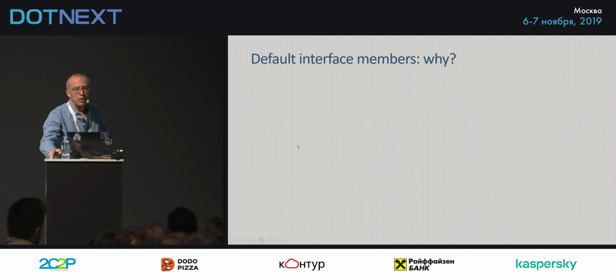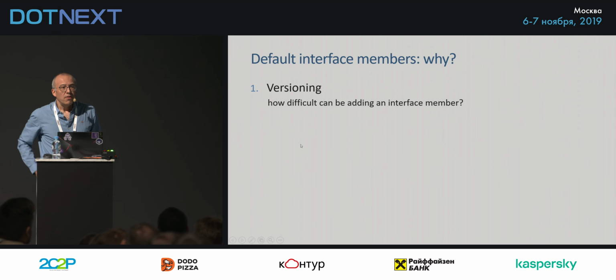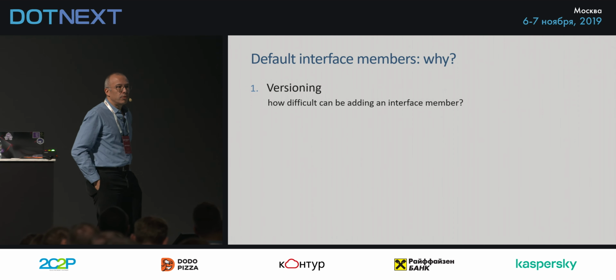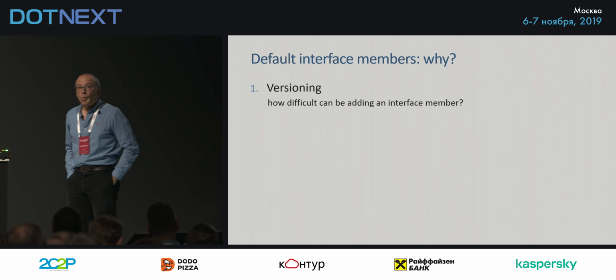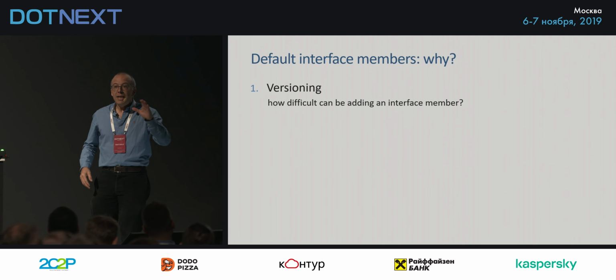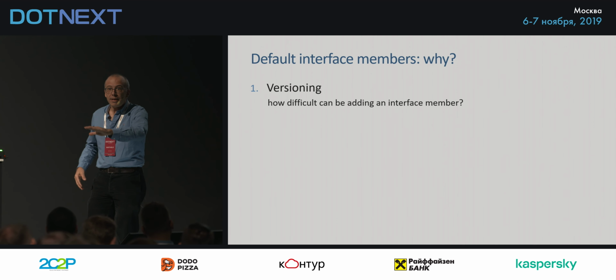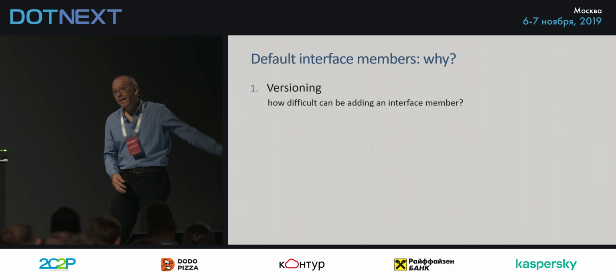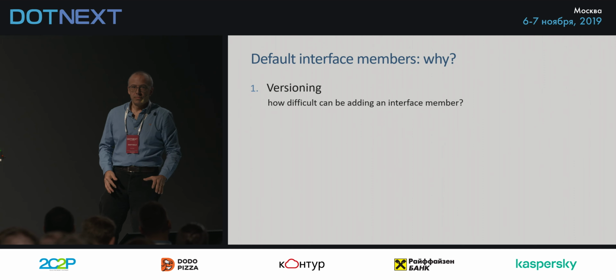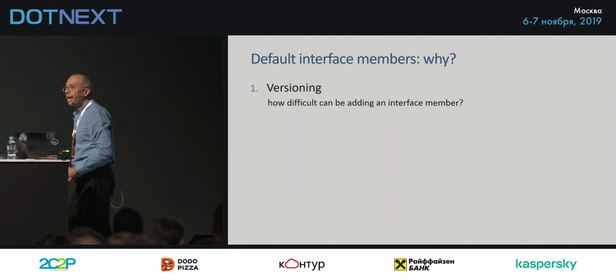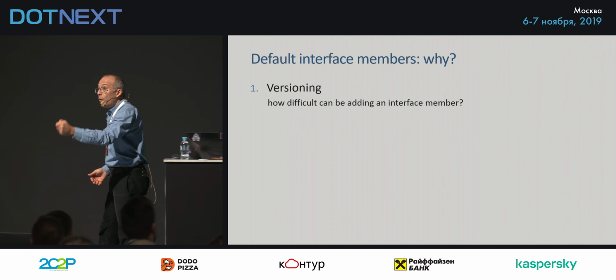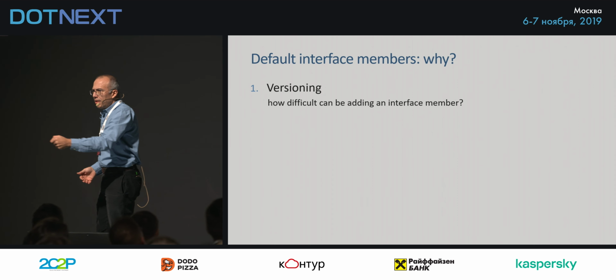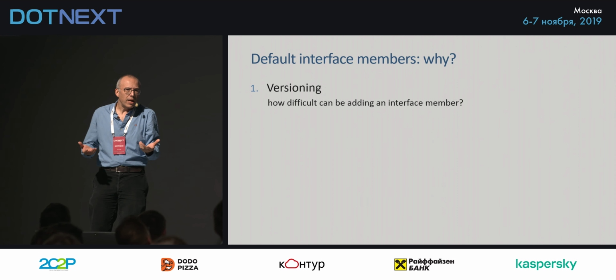So, why? First reason, versioning, super important. We want to change List of T by adding a new cool method. How can you do it? Are you going to break the entire world? But I can add a single method with a body, and this is not breaking anyone.